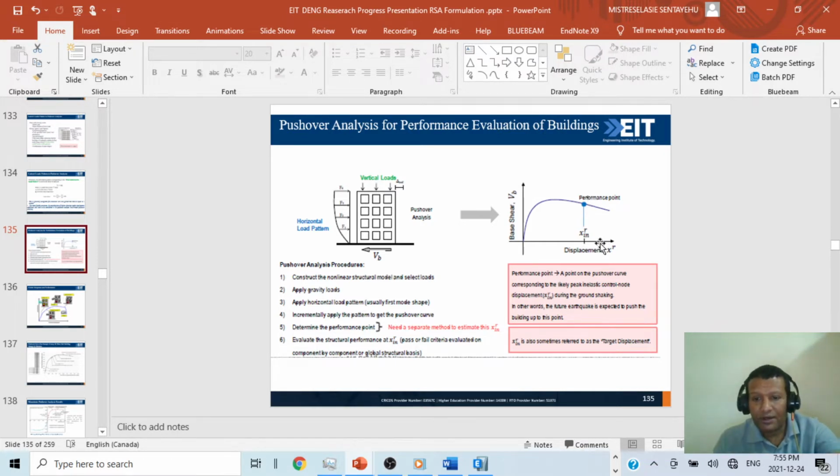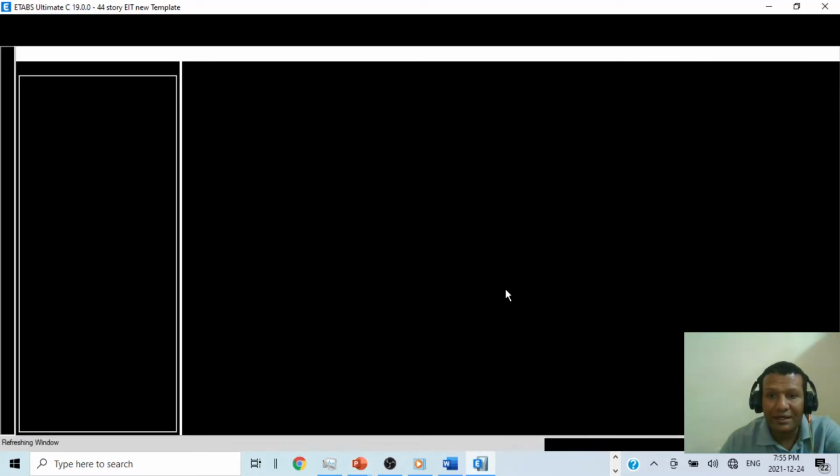So when we apply our force deformation curve, plastic hinge modeling, when we change our model from elastic to inelastic, this one is now a nonlinear model. This is our nonlinear model.